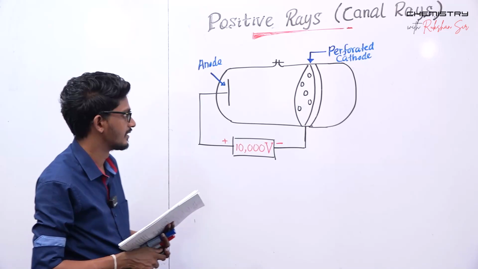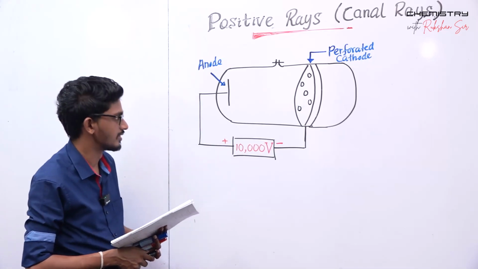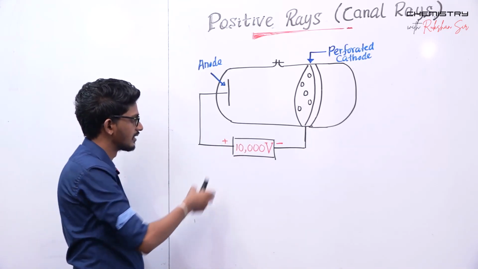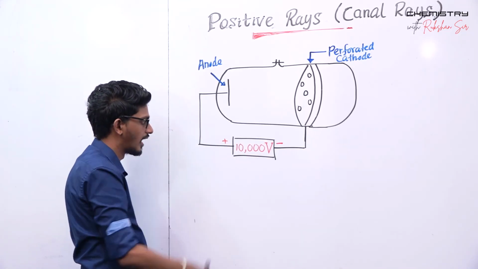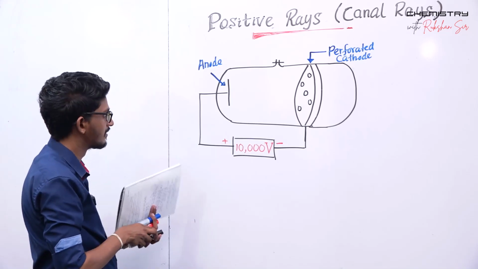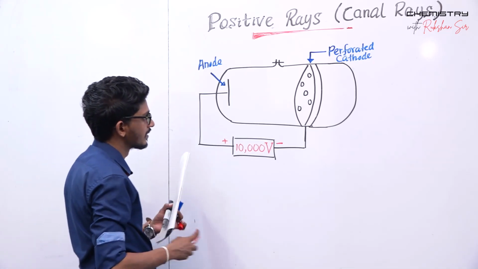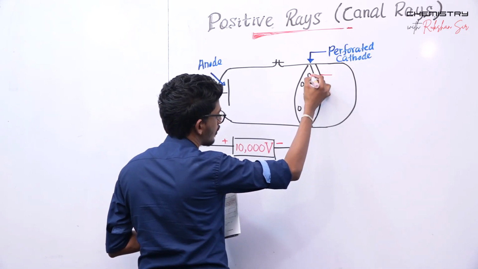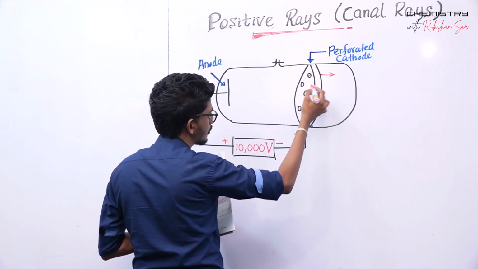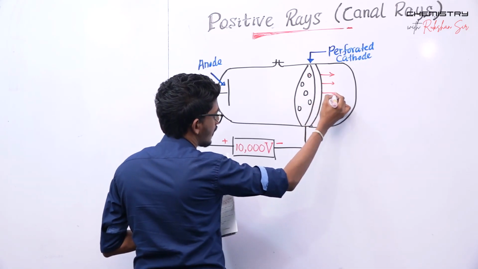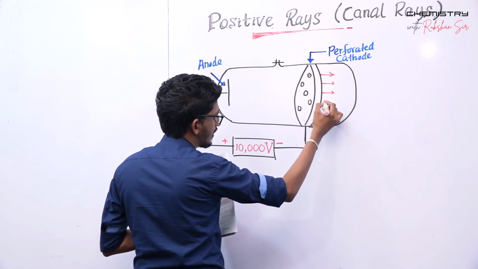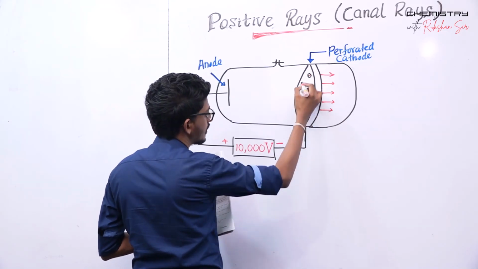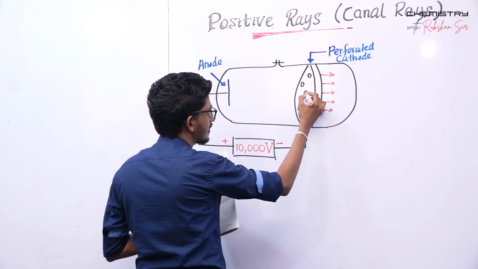Let's see what his observation was. When he came up with this setup and connected the two terminals to this high voltage, he saw some rays coming through the holes of the perforated cathode.